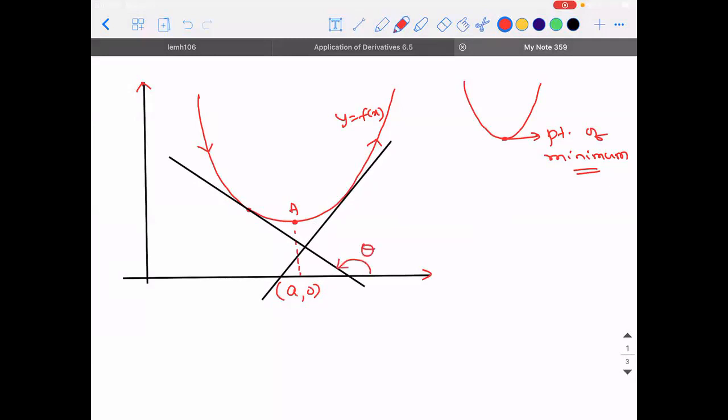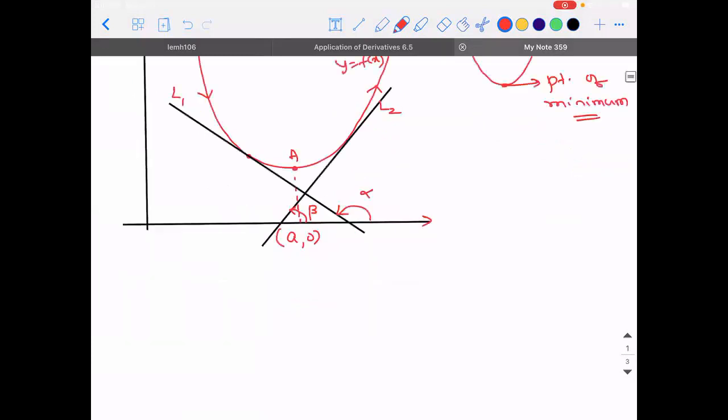I'll take this as theta, and this as alpha. Alpha and beta both are measured in the anti-clockwise direction. If I call this L1 and this L2, what is going to be the slope of L1? It will be tan alpha. Look at the angle and tell me whether tan alpha is going to generate a positive value, a negative value, or zero.